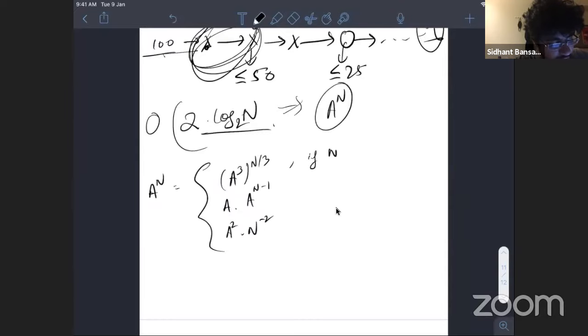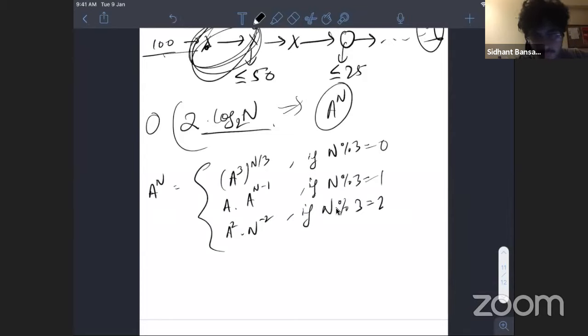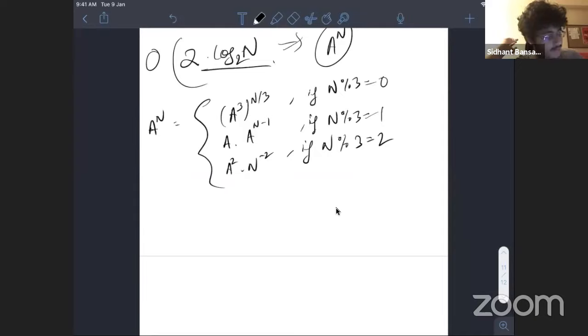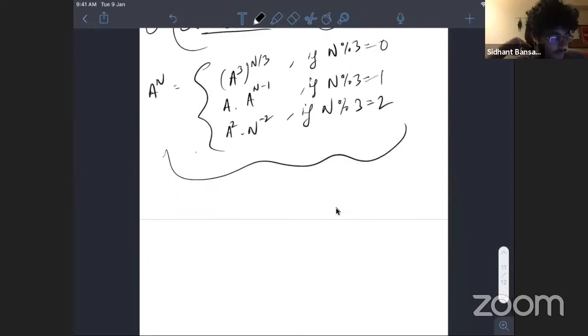If n mod 3 is 0, if n mod 3 is 1, if n mod 3 is 2. Like if we take 4, but Devansh gave 4 as an example, I just gave you 3. The issue that comes here is that if you start using this recurrence to solve a to the power n quickly, notice in this case you are doing 3 multiplications, right?